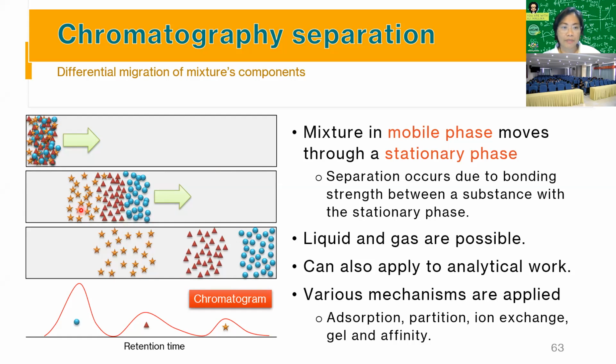The particles could be in liquid or gas phase. For the separation purpose for biotech, mostly we are involved with the liquid phase, but chromatography can be both liquid and gas, and it can also apply to analytical work. Most of you have probably heard of gas chromatography and high performance liquid chromatography.